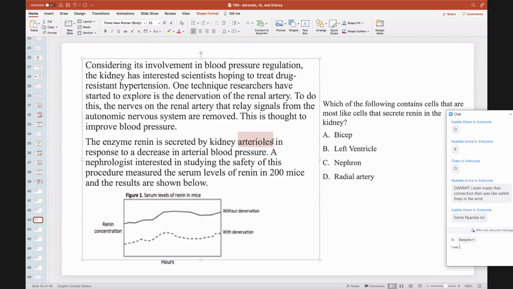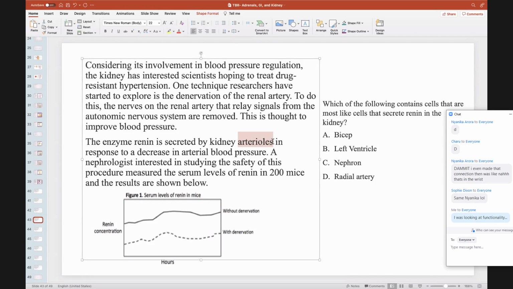We're at the kidneys. We're at the kidneys. That might be a little bit more of a tantalizing answer, which a lot of you guys put. And then radial artery. So radial I see is confusing some people. The radial artery is the artery that travels next to your radius.